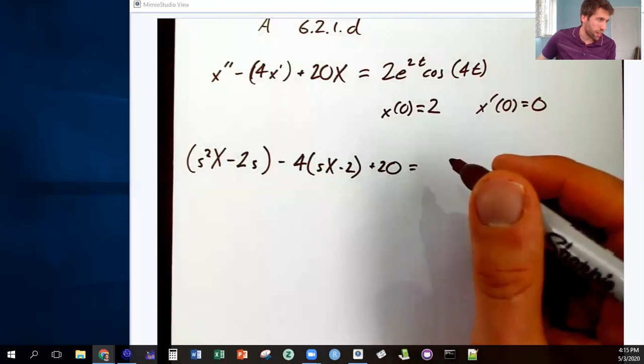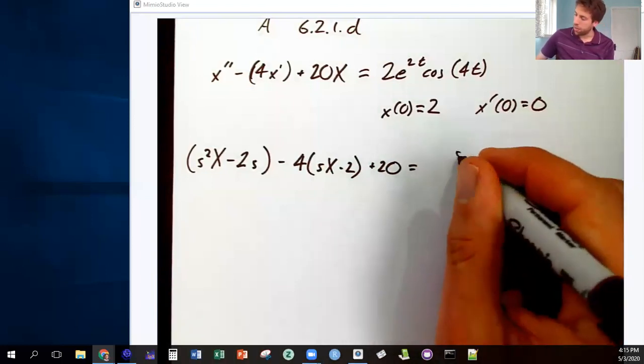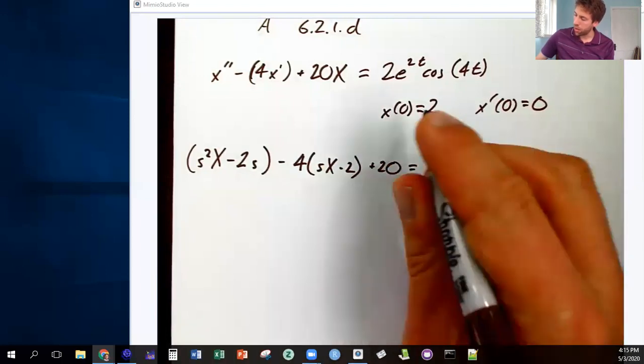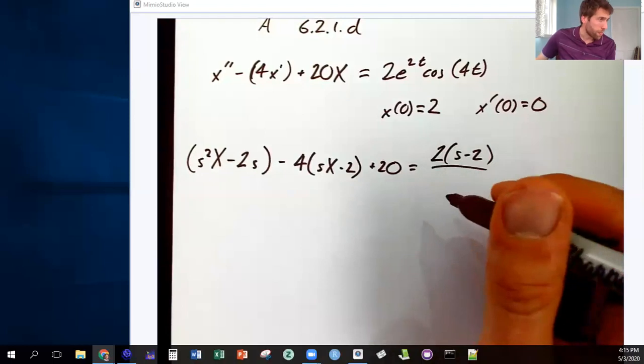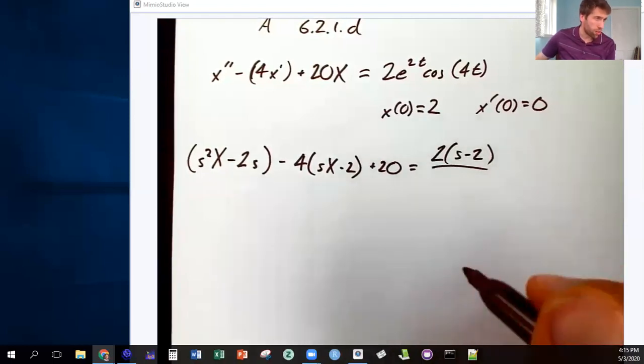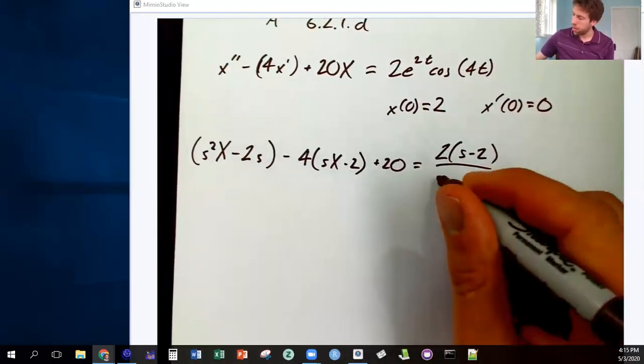That's s minus a, so s minus 2, and there's a 2, can't forget that 2, 2 times s minus 2, over s minus 2 squared plus 16.